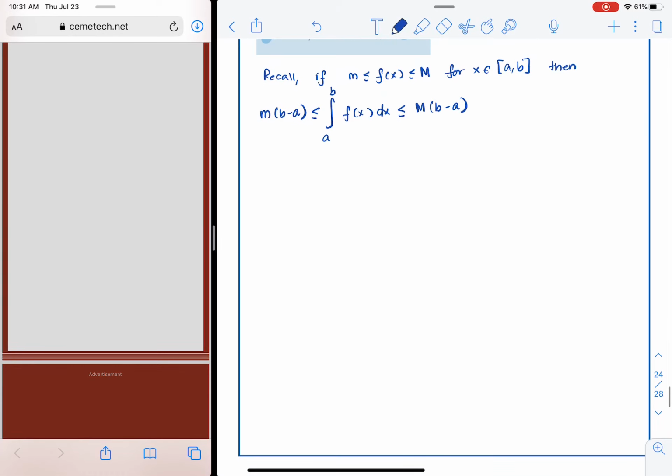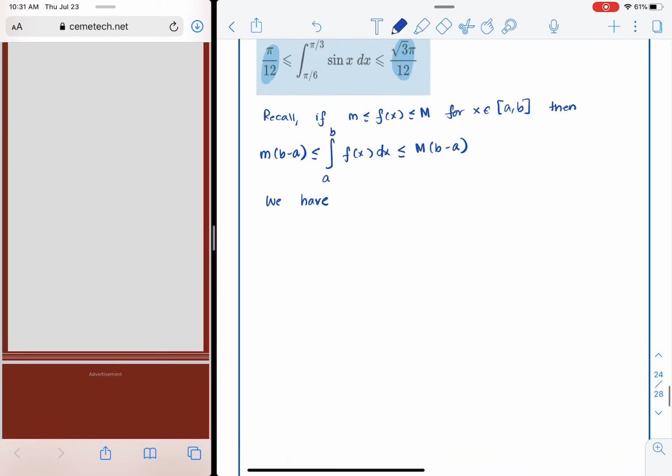So here we have pi over 12 times the integral from pi over 6 to pi over 3 of sine x dx is less than or equal to square root of 3 times pi over 12.